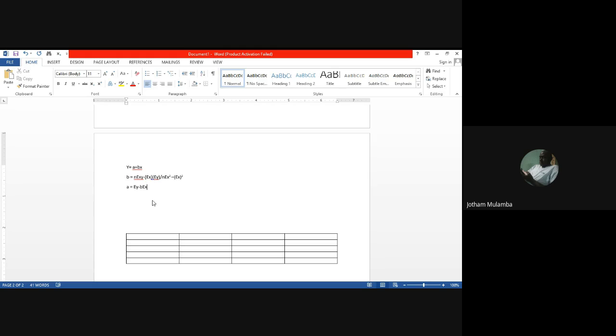We divide this by n. So those are the formulas that you want to use, and those are the formulas for regression.